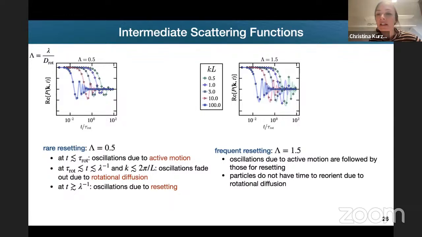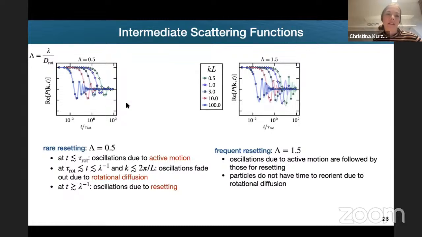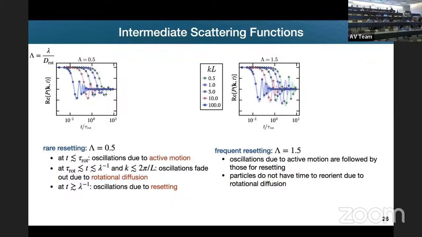How do you measure that, say in an experimental setup? Okay, in an experimental setup, you could use this theory and try to fit it to your experimental measurements, and that should then give you a frequency at which the particles realign. Okay, yeah, thank you.